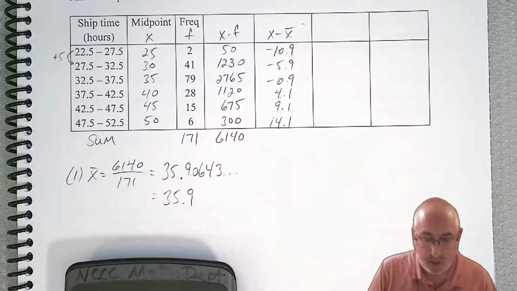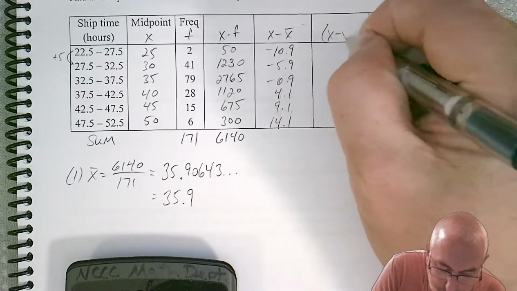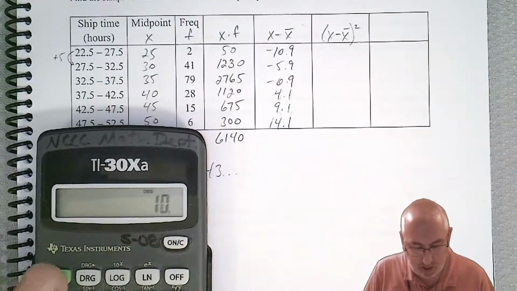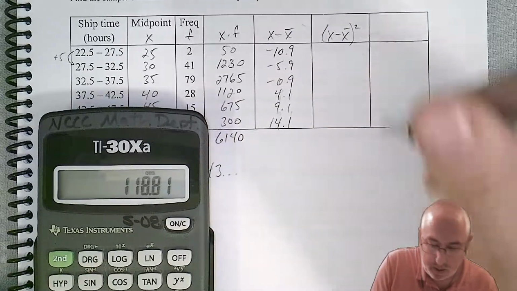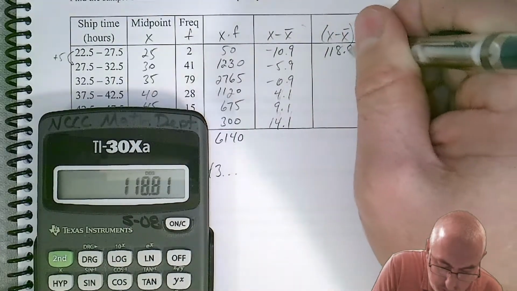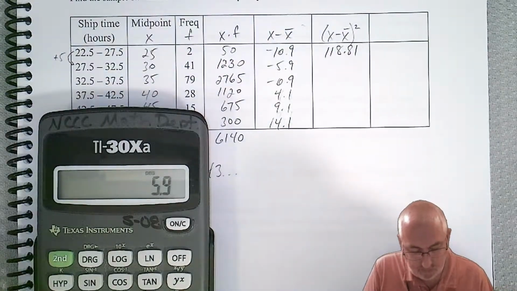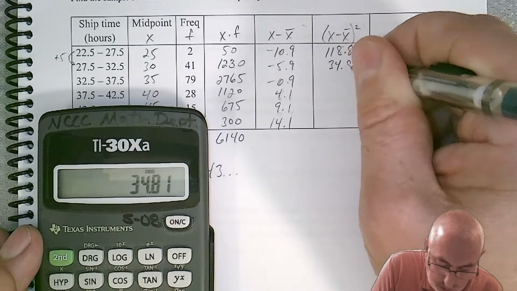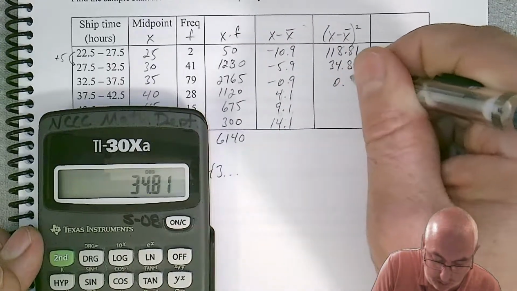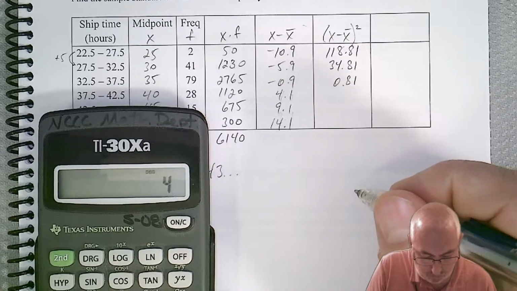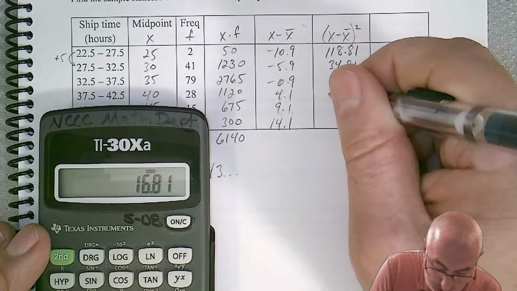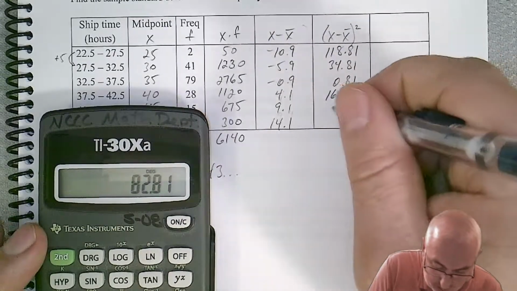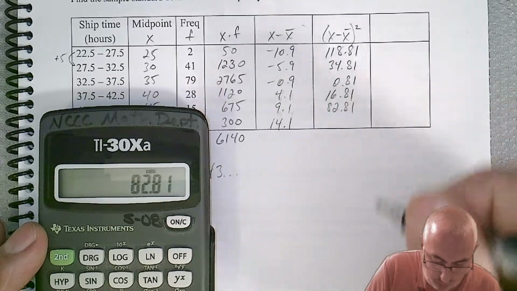On to step 3. We got to square them. So all those numbers, so 10.9 squared is 118.81. 5.9, 34.81. 0.9, 0.81. 4.1, 1681. 9.1, 8281.